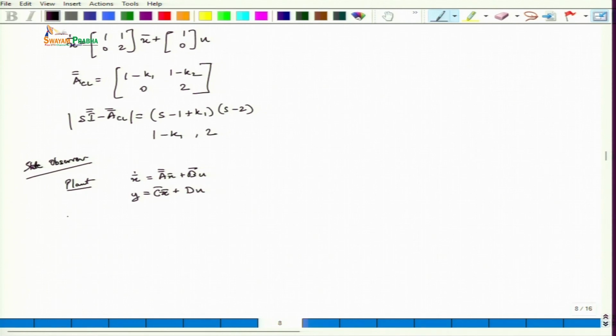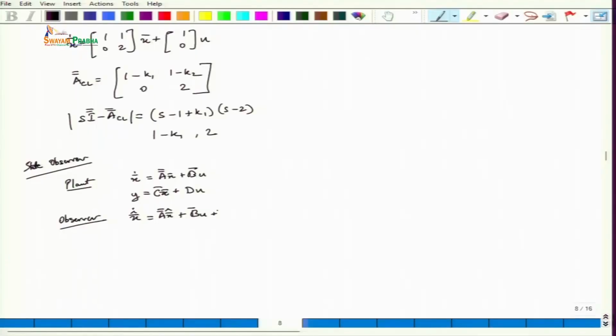Now let us say we formulate an observer to estimate our states. Since we are estimating, we'll have the hat notation for the state. And for estimation, as we discussed in the concept of observability, we use u and y.